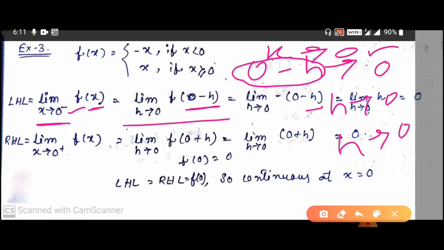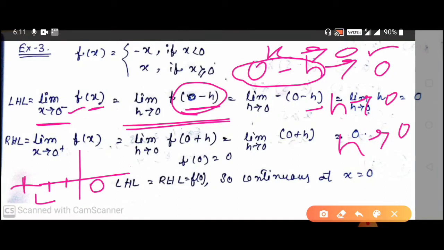In this way we have replaced this one. I am telling you again why I have written here 0 minus h. This is because x tends to 0 negative. 0 negative means left side of the 0. Now the point is here or here or here, we don't know.